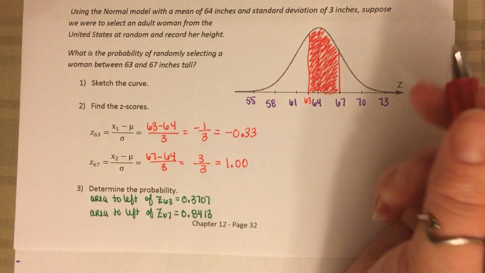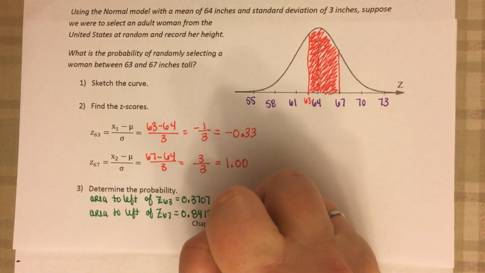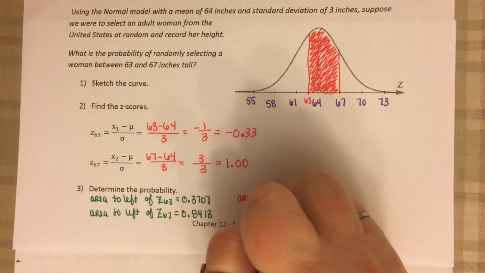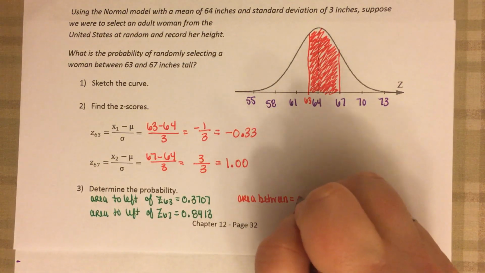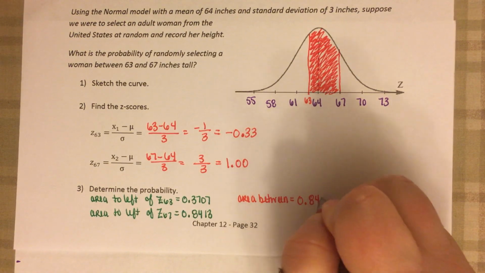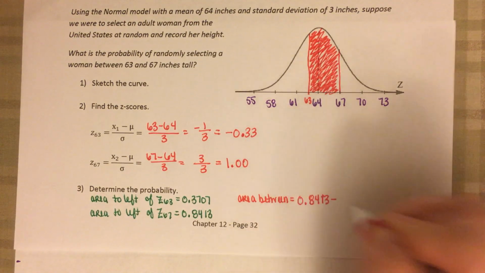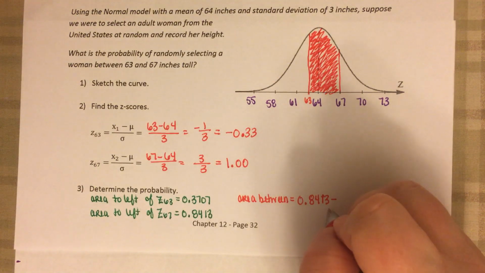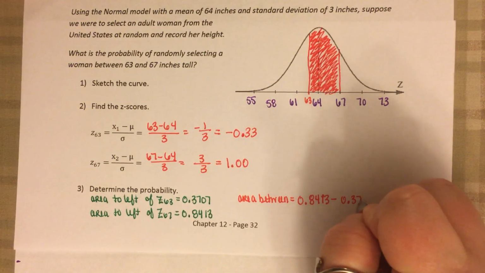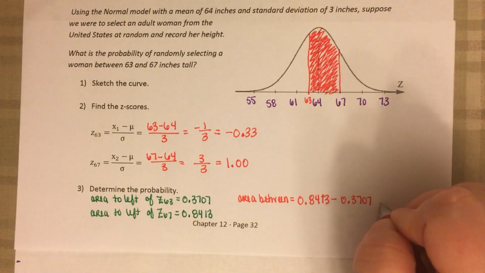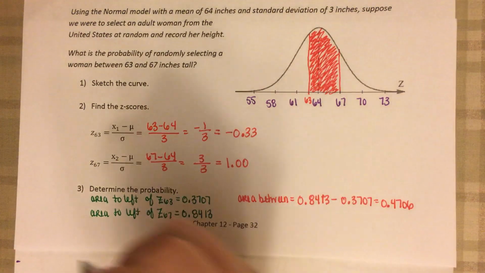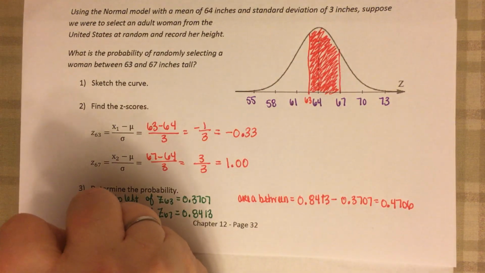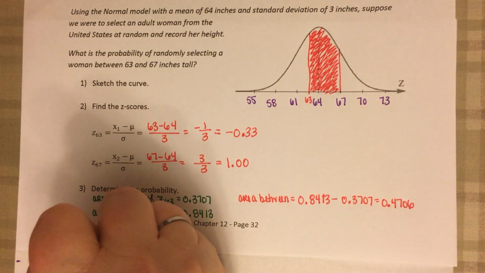Here we have two values. So our area between, we're going to find by subtracting these values. It's always going to be your larger minus smaller. So 0.8413 minus 0.3707, which gives us 0.4706.